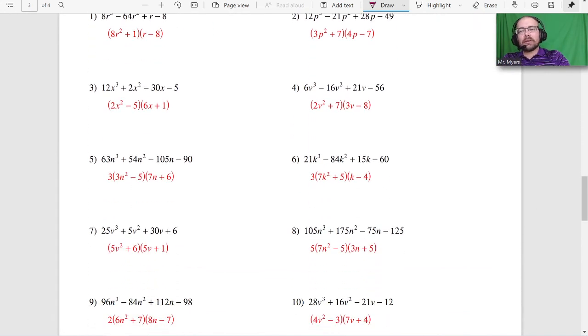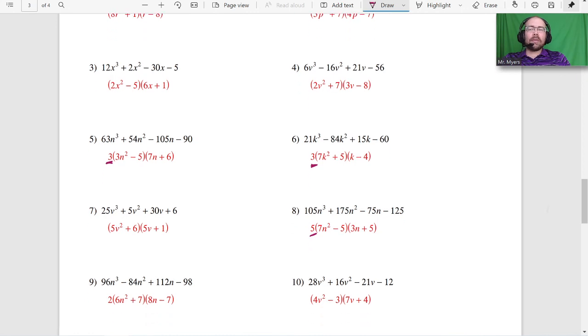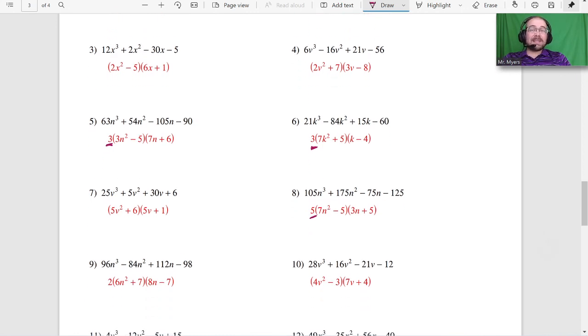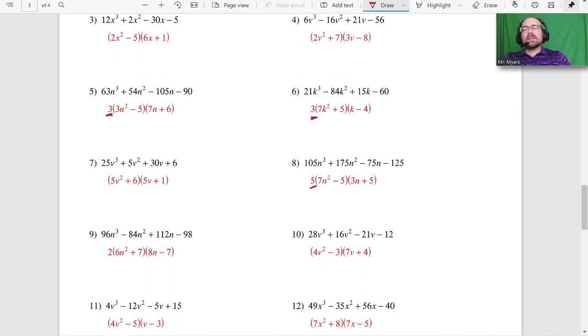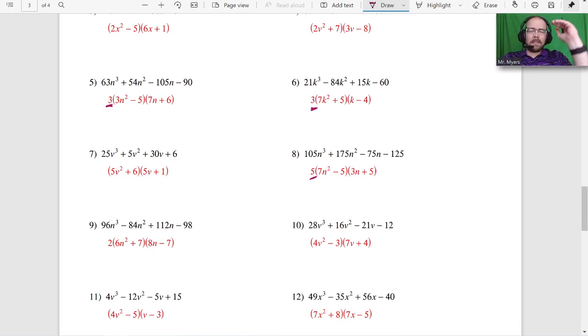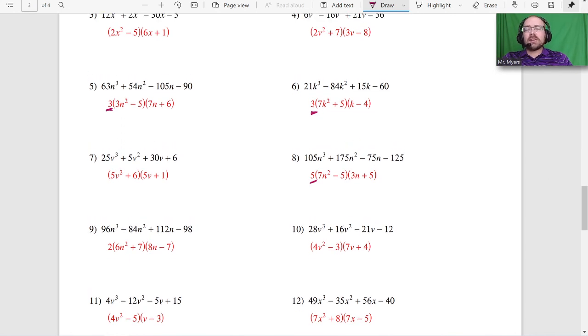Now, they also took out a GCF of the whole thing. I did not do that. If your teacher wants you to take out a GCF of the whole thing, then your other step 0 is to look for a GCF of all 4 terms first before you start on the main steps of 1, 2, and 3. GCF the first 2, GCF the last 2, GCF the GCF. So if your teacher wants you to do this, then you need to have a step 0 tacked on another step 0, so 2 step 0s.